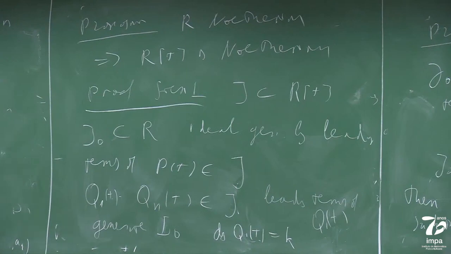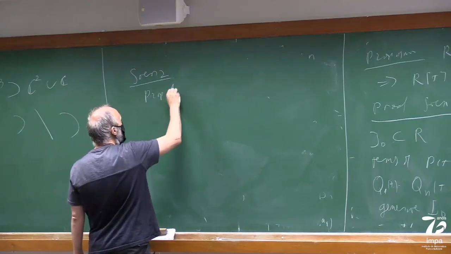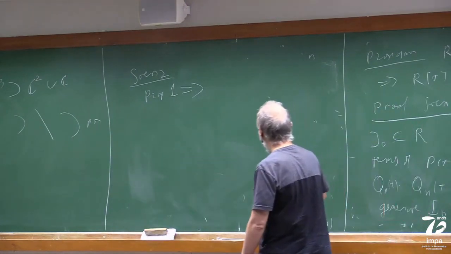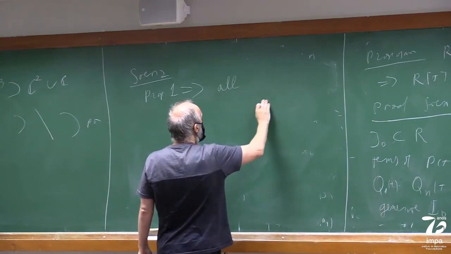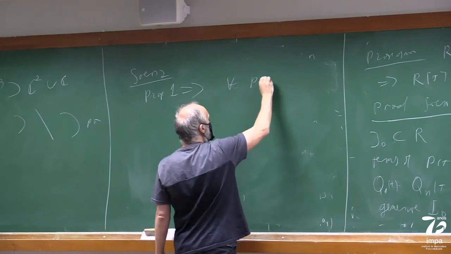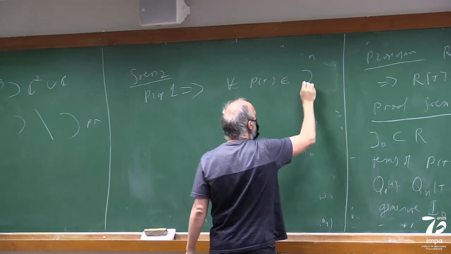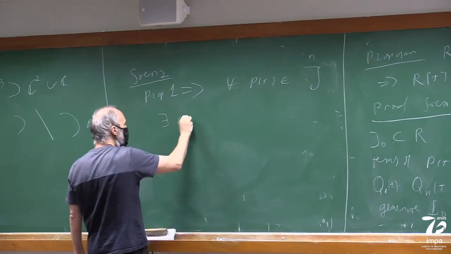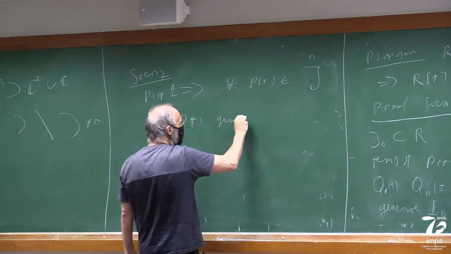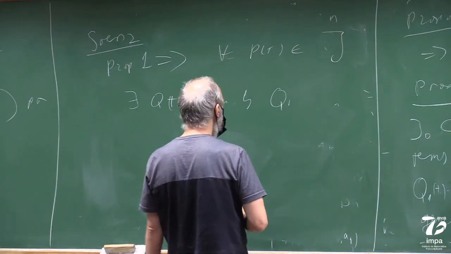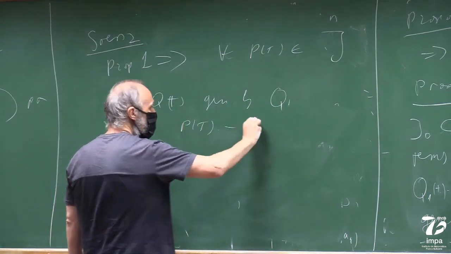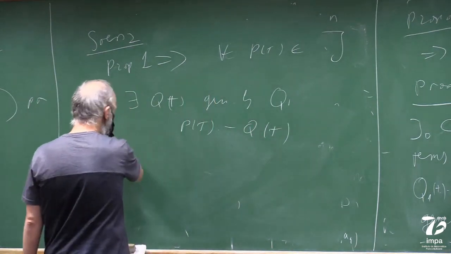So by step 2, we apply proposition 1, which implies that for each P(t) inside I, there exists Q(t) generated by Q_i, such that P(t) minus Q(t) has degree smaller than k.